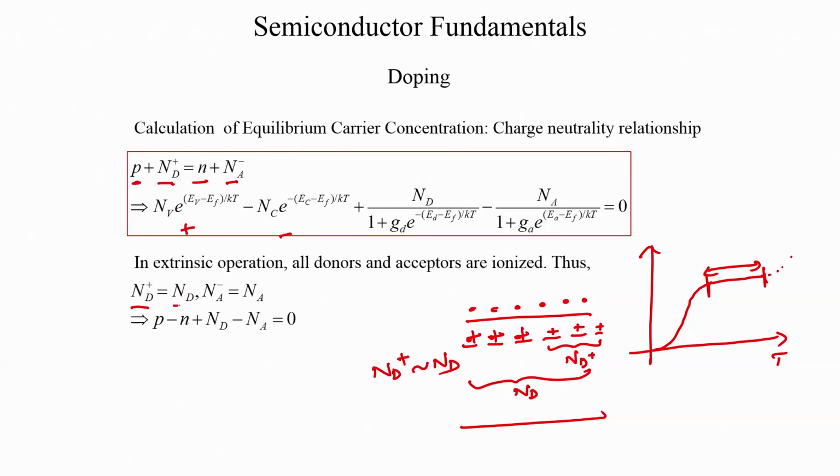So, Nd plus is equal to Nd, Na minus equals Na, and in the charge neutrality relation, instead of having Nd plus and Na minus, you might as well just retain Nd and Na. So, the charge neutrality relation or the charge balance becomes this.